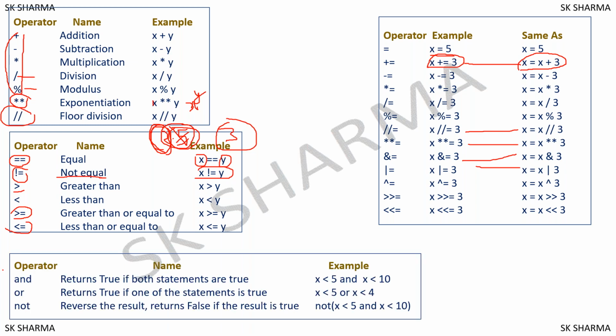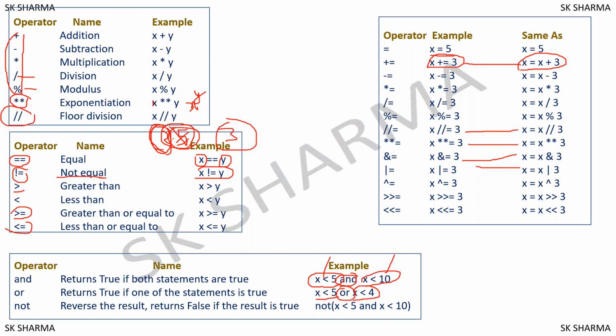So these are the logical operators: and, or, not. Like I added two operations here with and. If this is true and this is true, both are true, then only the result will be true. In or, if any one of them is true, the result is true.